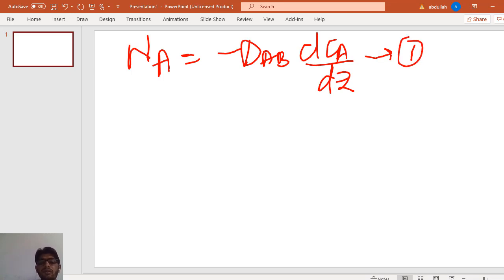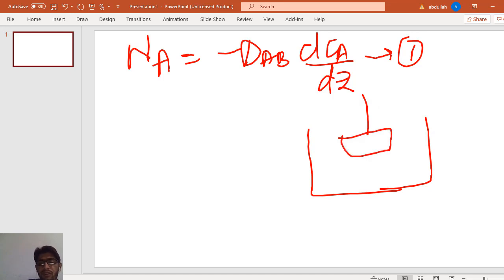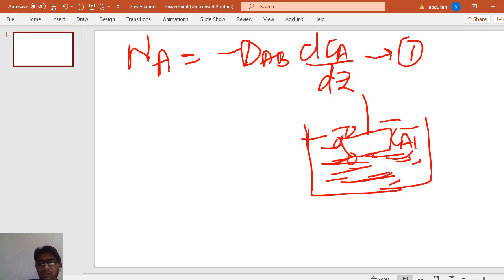Now, the convective mass transfer, as we have already discussed: suppose we have a beaker, we put some sugar crystal in it. These are the water molecules. The sugar will dissolve in the water, and due to the concentration gradient, the concentration of sugar in this place is very high, and the concentration of sugar in this place is very small.